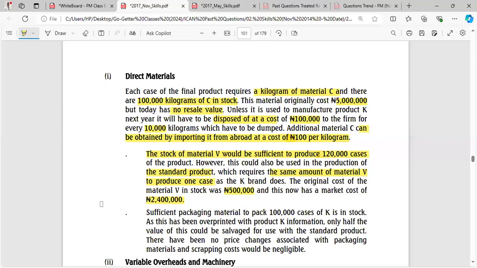So the market value is what we are going to use. So I will say this is 2,400.